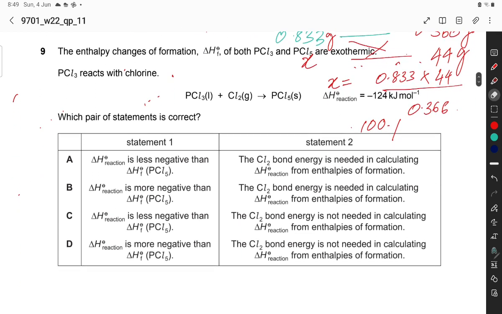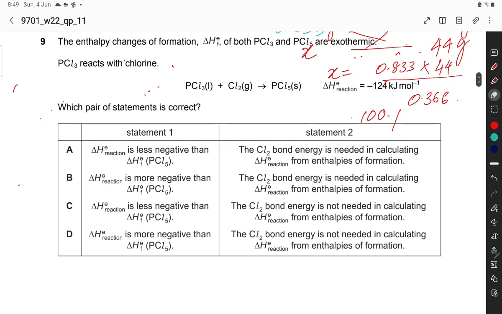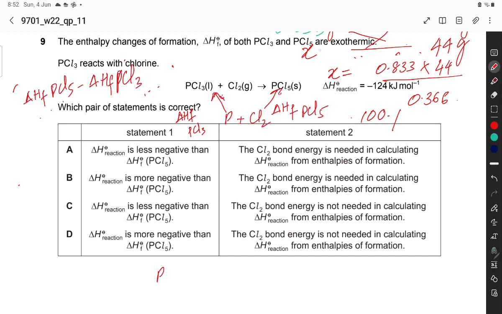So next question is enthalpy change of formation of delta H of both PCl3 and PCl5 are exothermic. PCl3 reacts with chlorine. So this is the Hess cycle of this is delta H of formation of PCl3, and this is delta H formation of PCl5.